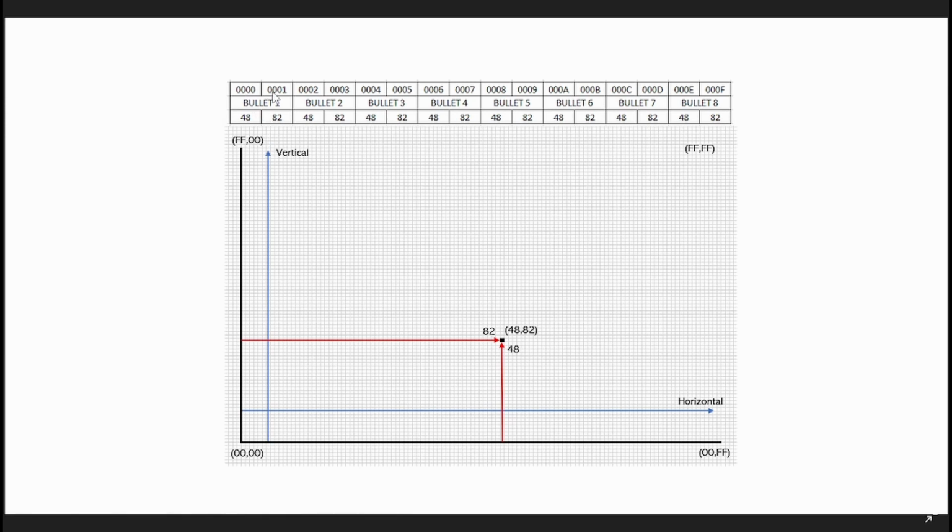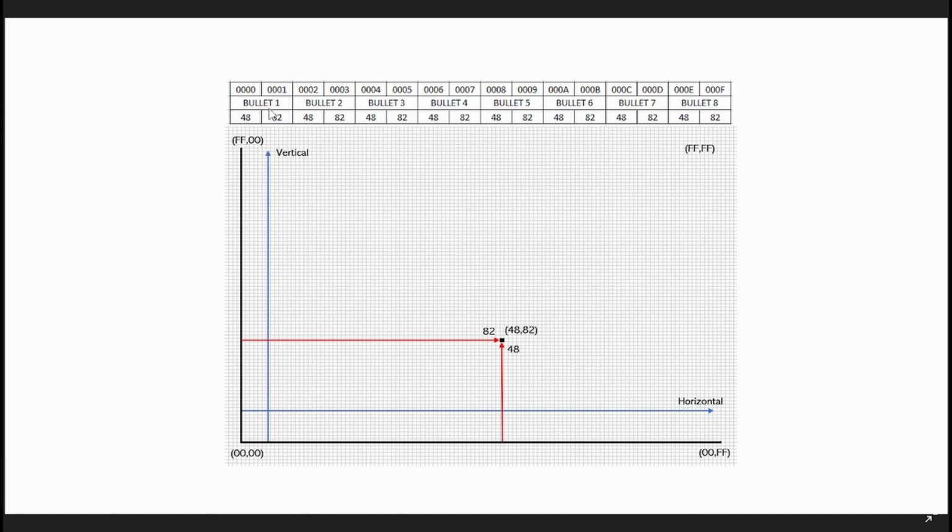So 0 and 01 is an X and a Y. And what I've done is I've put together a little example of putting a bullet at 4882. So 48 is the displacement vertically, and then 82 is the displacement horizontally.